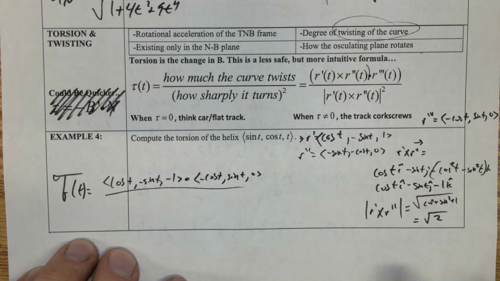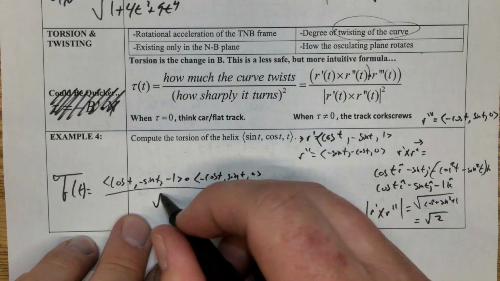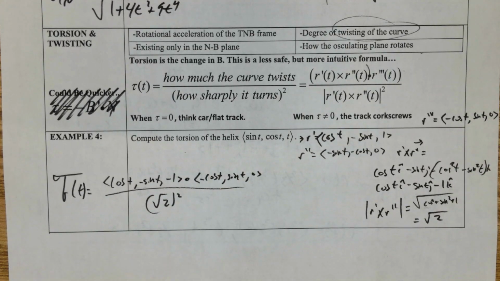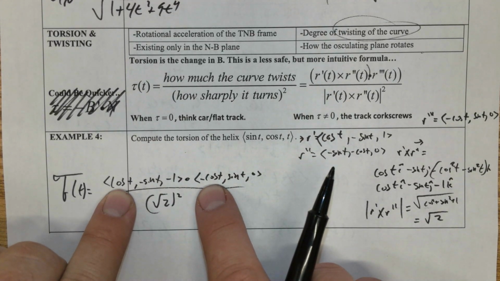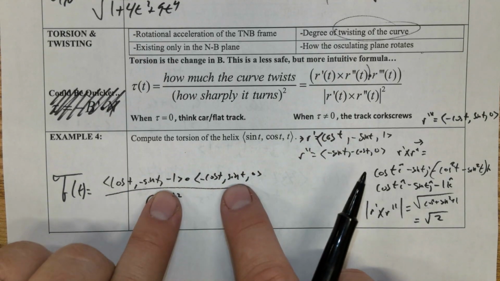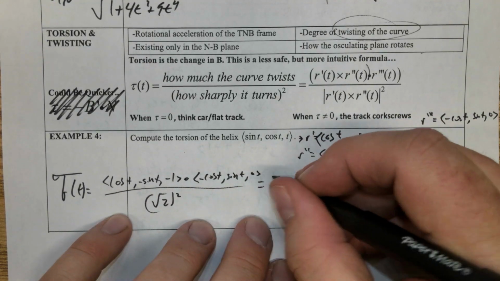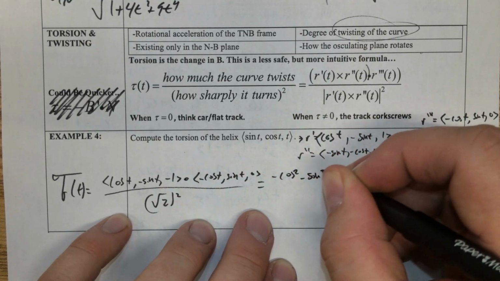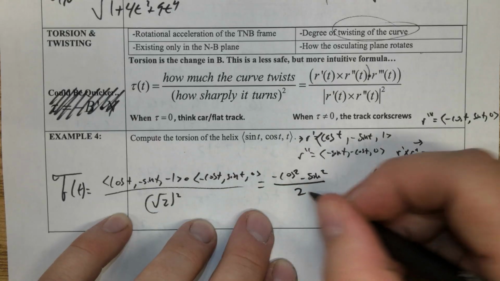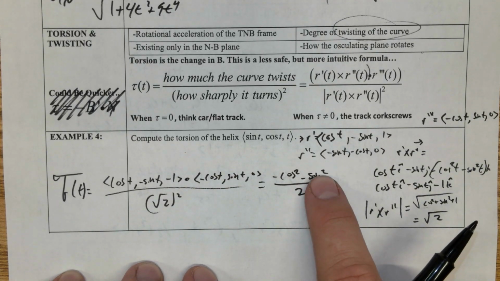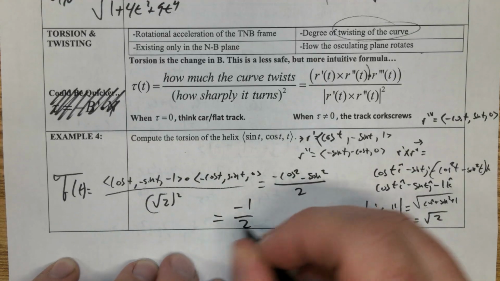Then I got to divide by this magnitude squared. When I dot these, I get a negative cosine squared. I get a negative sine squared, and I get a 0. Well, negative cosine squared minus sine squared, that's just negative 1 over 2.